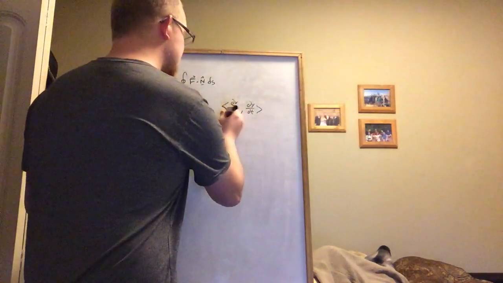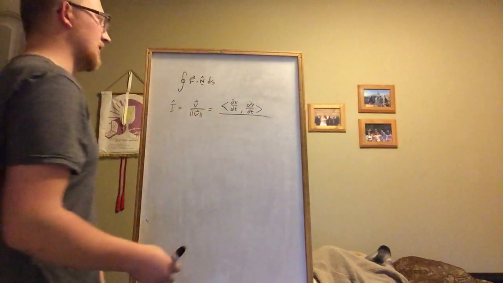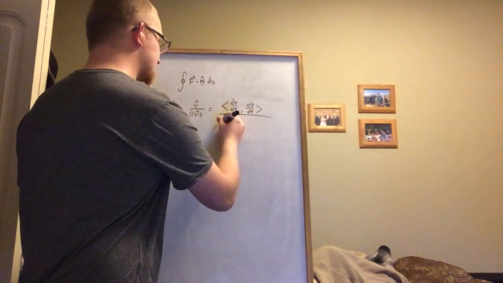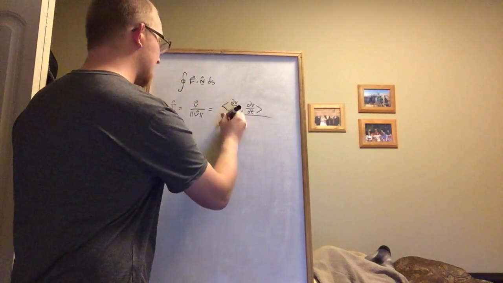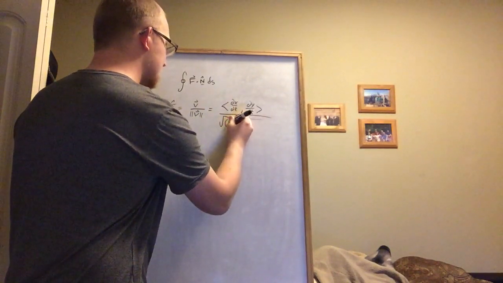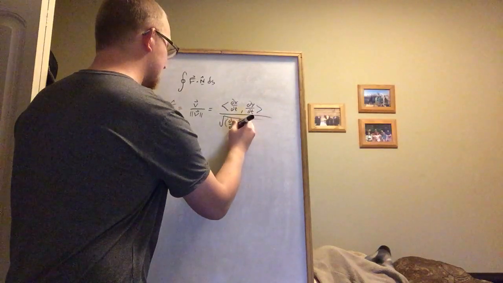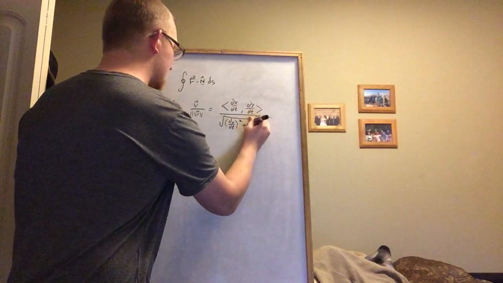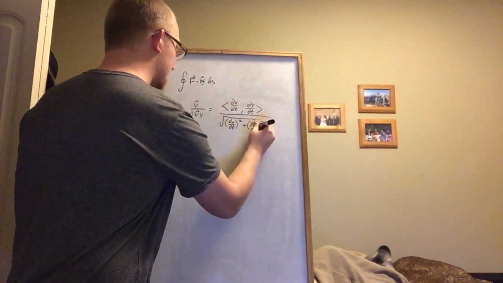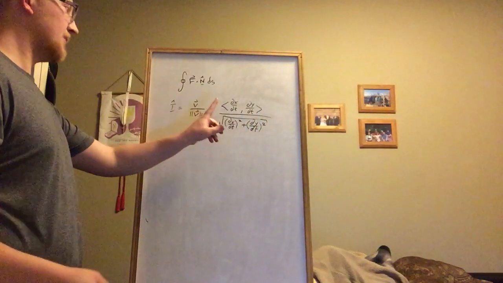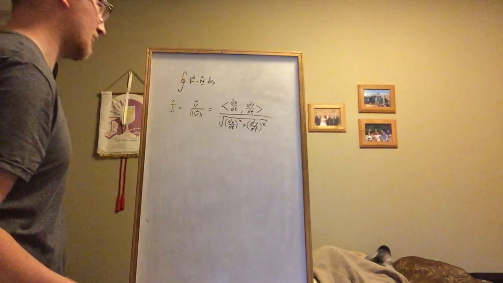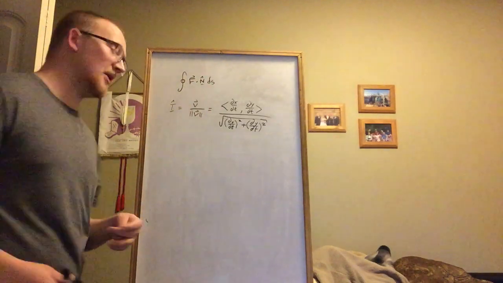And then we always divide by the magnitude of velocity, which is going to be the Pythagorean identity of this. In other words, the square root of (dx/dt) squared plus (dy/dt) squared.